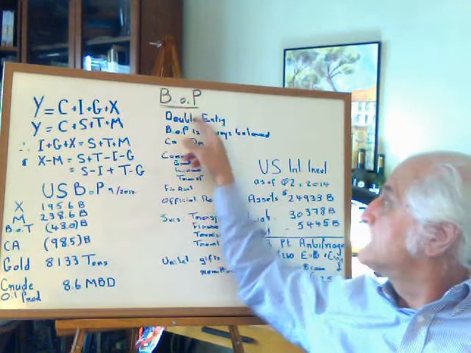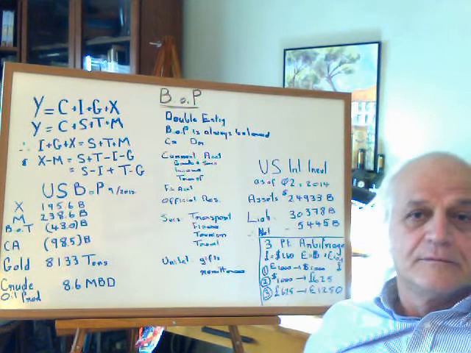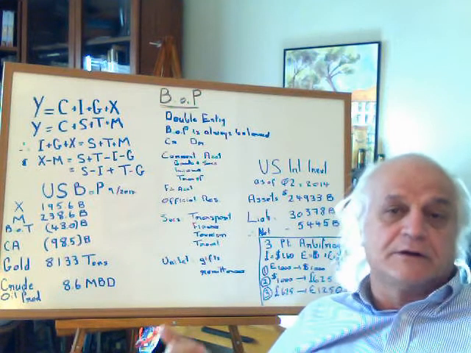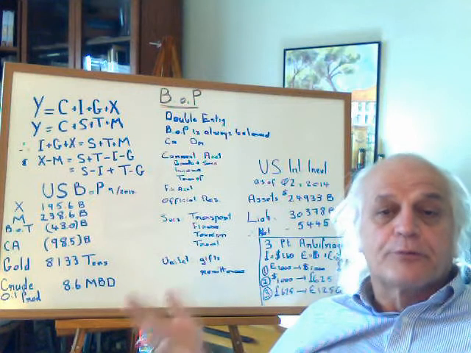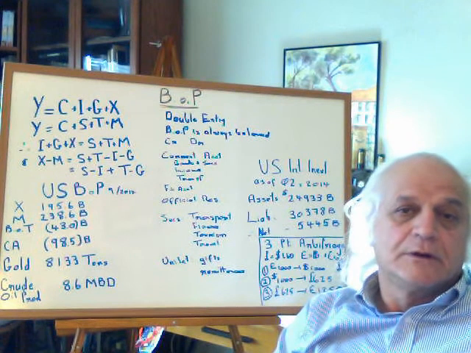Then the balance of payment will be in balance. And that's why in the United States, since we've been able to attract enough funds, you don't find people really talking about a problem in the balance of payment.